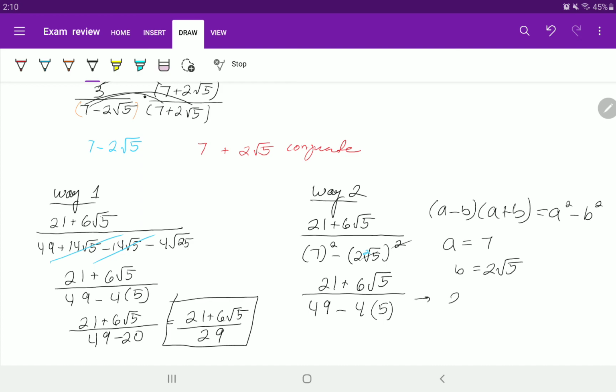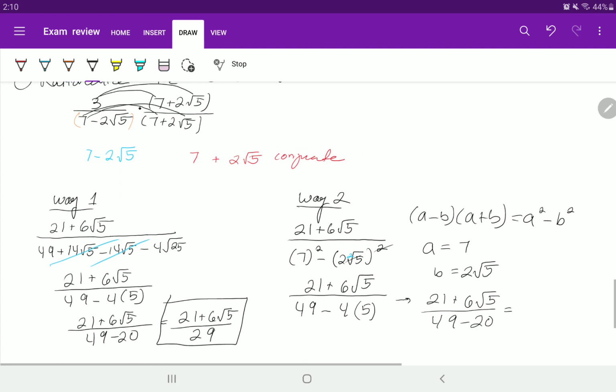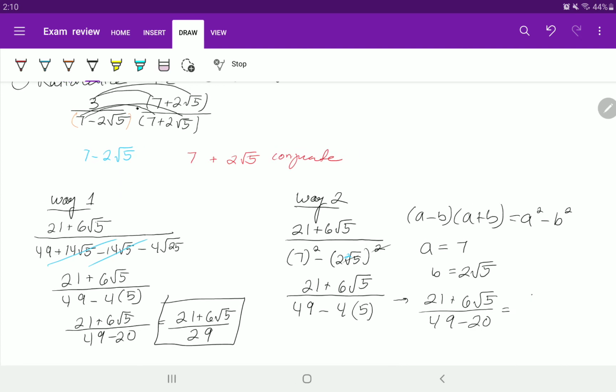So now we have 21 plus the 6 square root of 5 divided by 49 minus 20. And it's going to be the same answer as we have in way number 1. 21 plus 6 square root of 5 over 29.